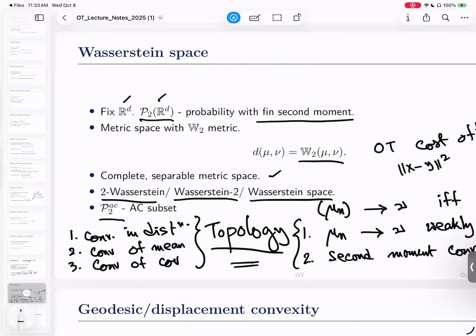And I'm saying, when does a sequence of probability measures converge to another probability measure in this metric space? Okay. What I'm saying is that you don't have to compute the Wasserstein norm at every step. You just have to compute three things, which is convergence in distribution, convergence of mean, convergence of covariance. Right. Okay. Thank you.